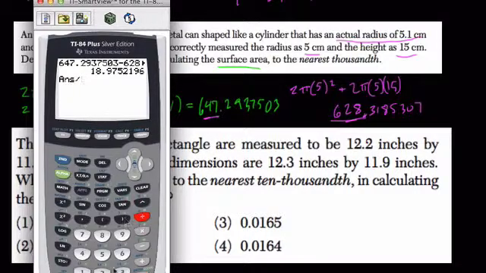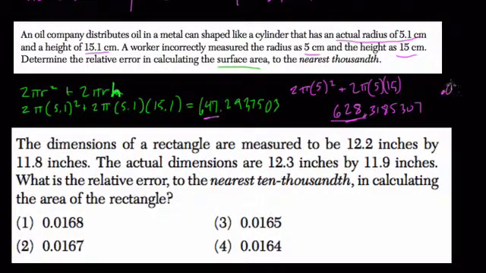So divided by 647.2937503. So that's a relative error, 0.02931. They want the nearest thousandth, so that's 0.029. So 0.029 just means that's how far off we were in comparison to what we should have gotten.